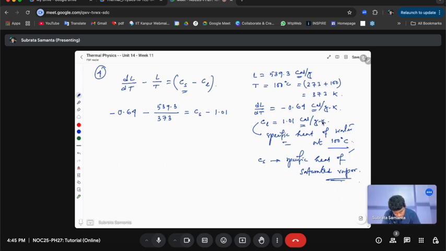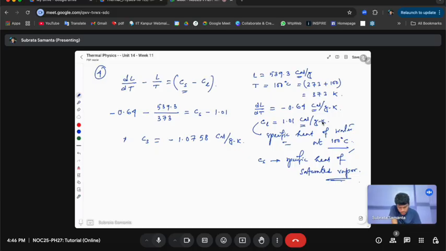So your Cs, the specific heat of saturated vapor, is basically minus 1.0758 calorie per gram Kelvin.